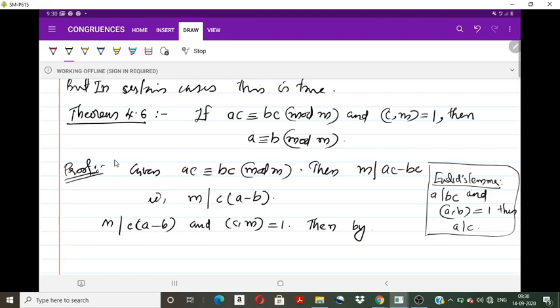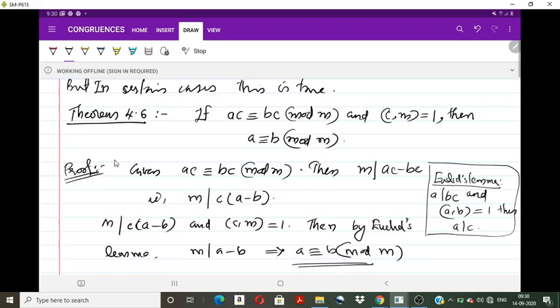Then by Euclid's lemma, M divides A minus B, or in other words A is congruent to B modulo M, which is the required relation.